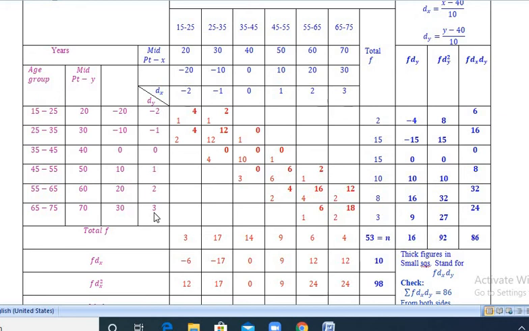Then lastly, dy is 3, the corresponding frequency is 1, and dx is 2, dy into dx is 6 into 1, it is 6. And dy is 3, dx is 3, their product is 9, and frequency is 2, their product is 18.